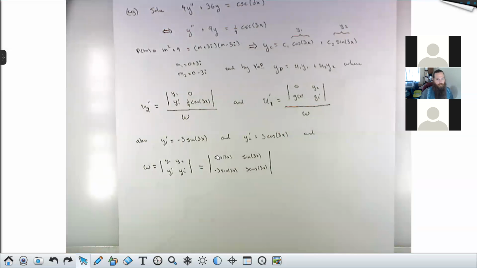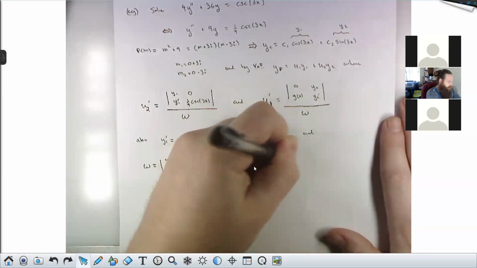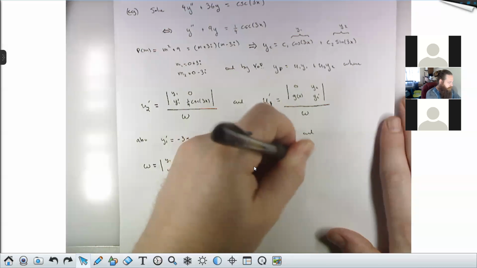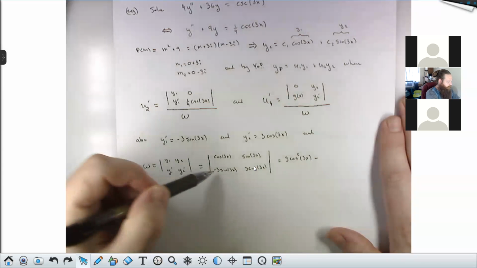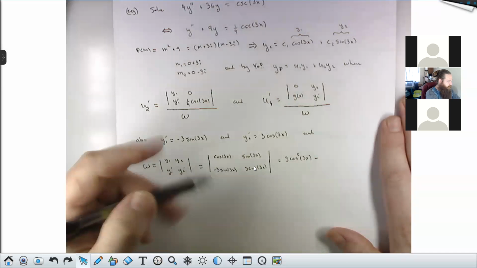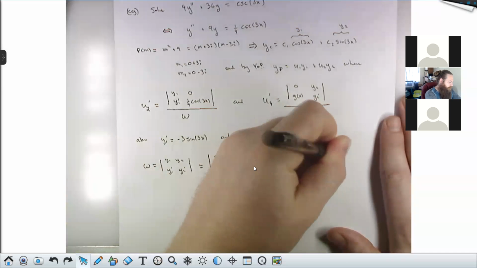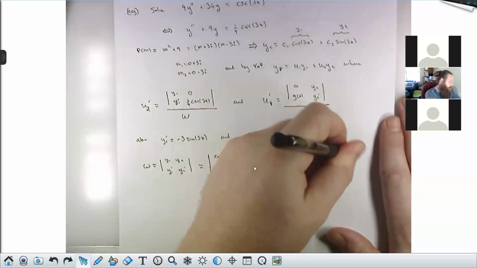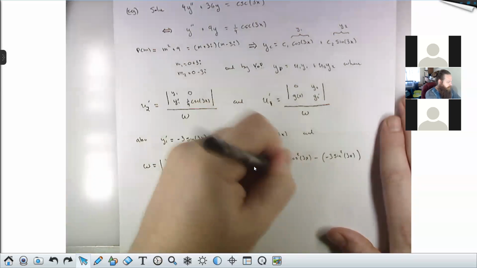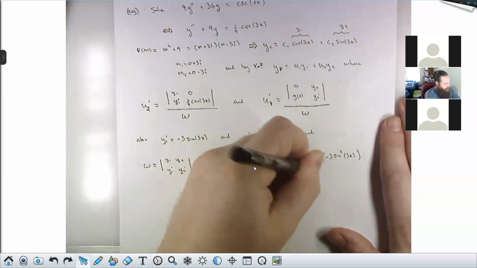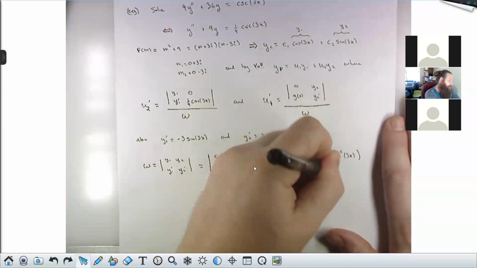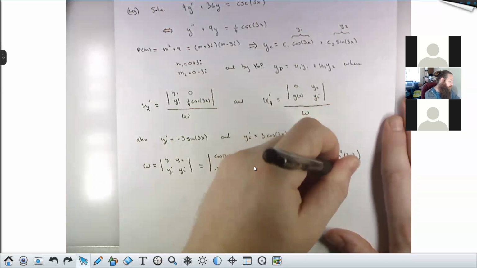And then you take your diagonal products and subtract them. So this is going to be 3 cos squared 3x minus -3 sine 3x times sine 3x, which is -3 sine squared 3x. And that's 3 times cos squared 3x plus sine squared 3x.